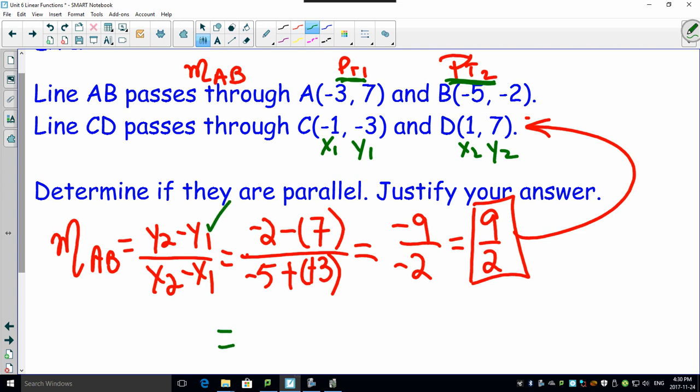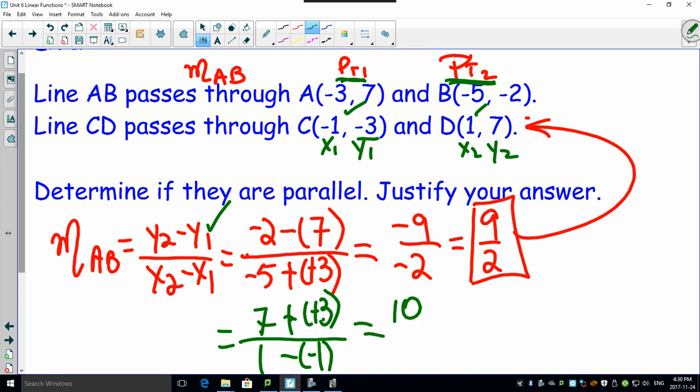I now have 7 minus a minus 3 over 1 minus a minus 1. And look at this. 7 minus a minus 3 makes that a plus, makes that 10. 1 minus a minus 1, that makes that a plus, makes 2. So my slope is actually 5.